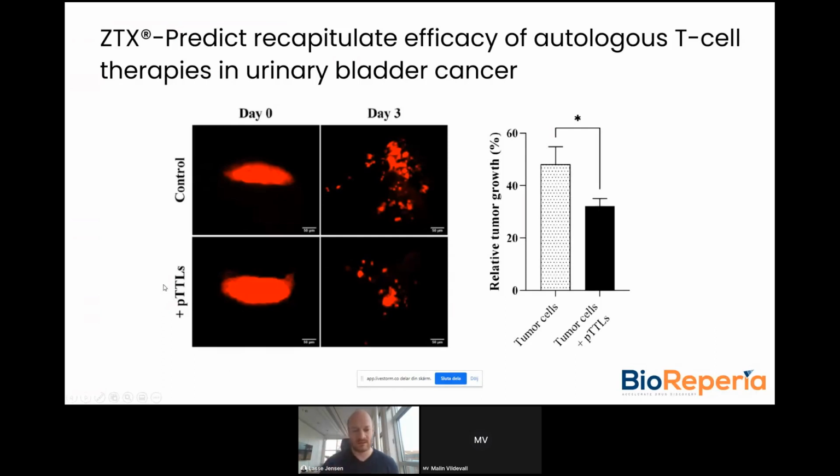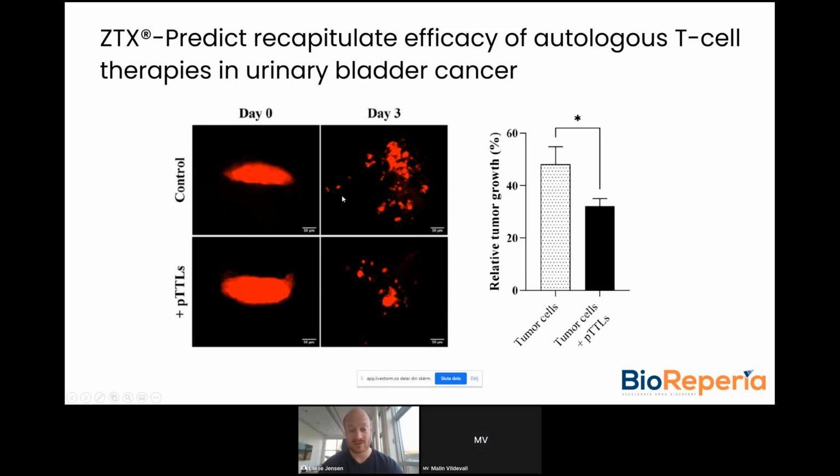Then taking tumor cells from these patients and these personalized tumor-trained lymphocytes and co-injecting these cells, we saw that the group with the tumor-trained lymphocytes really had a marked regression of the tumor volume, meaning that these PTTLs were effective at killing the tumors. This was the case for a patient with urinary bladder cancer, and also demonstrating the translational power of the zebrafish model.